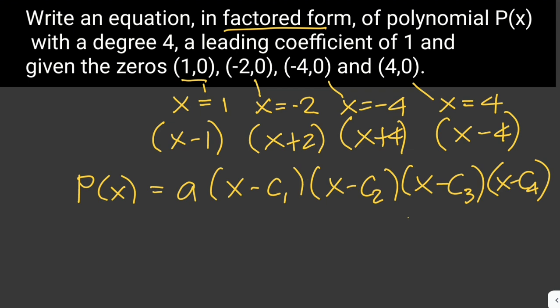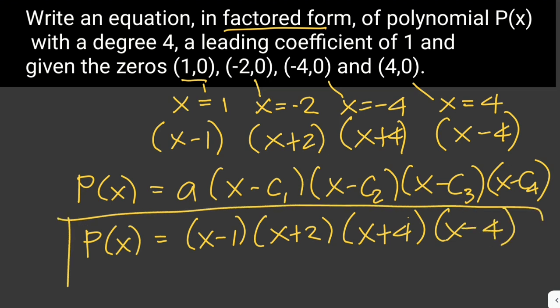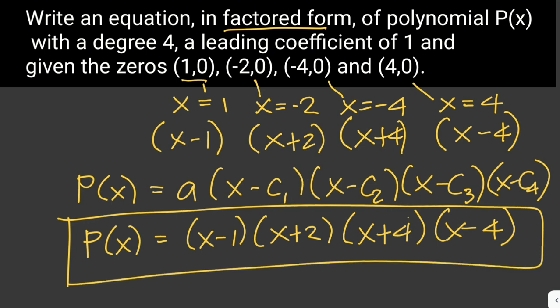And it's given here that the leading coefficient is 1, so a is equal to 1. Therefore, p of x is just equal to x minus 1, x plus 2, x plus 4 times x minus 4. It says factored form, so we don't need to expand the polynomial.